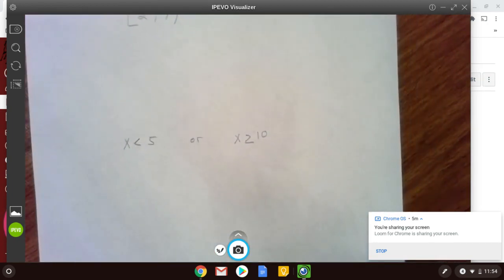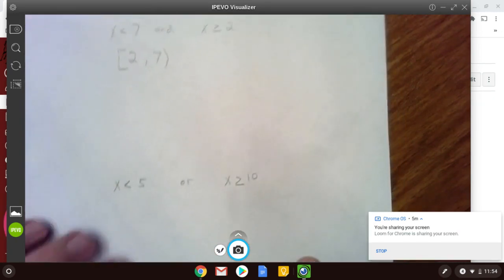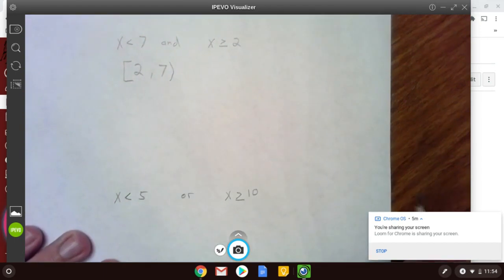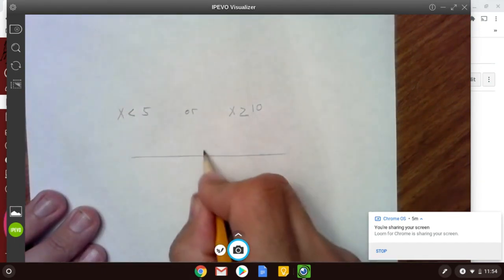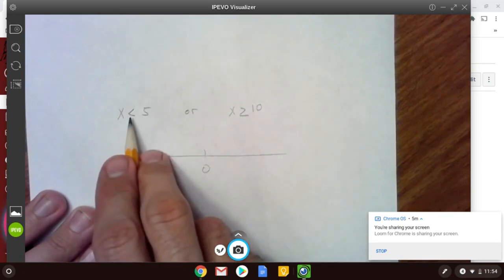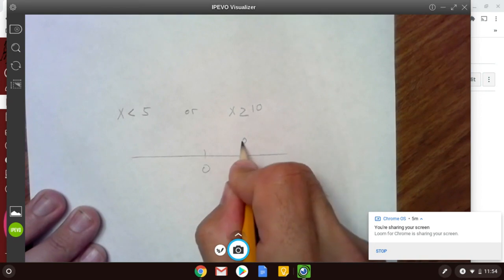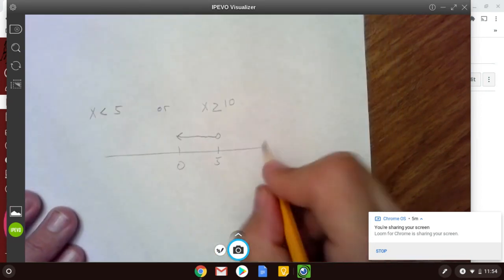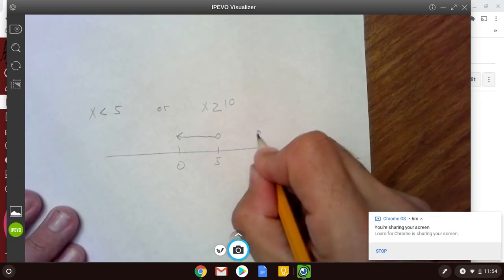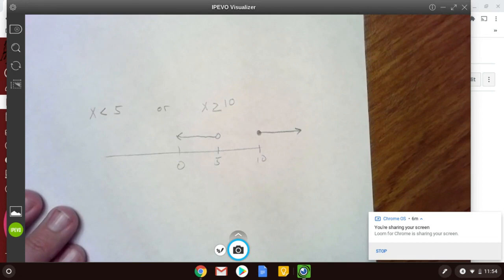All right. I think it's going to be easier if we just actually graph these, instead of trying to just word them out like that. So for this one, we want less than 5. So open dot at 5, going to the left. And we want greater than or equal to 10. So closed dot at 10 and greater than 10.